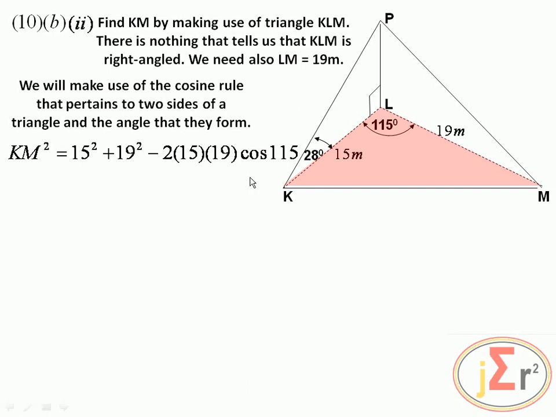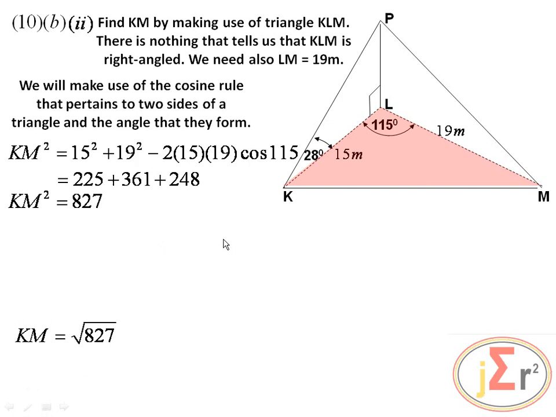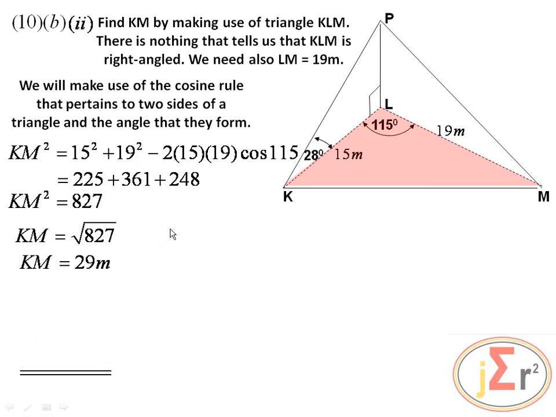Therefore, we will have a negative value here to multiply by a negative value here, which will be positive. So we will have all positive terms here. After finding that nice sum, then we know that KM will be the square root of 827, and that is equal to about 29 meters.